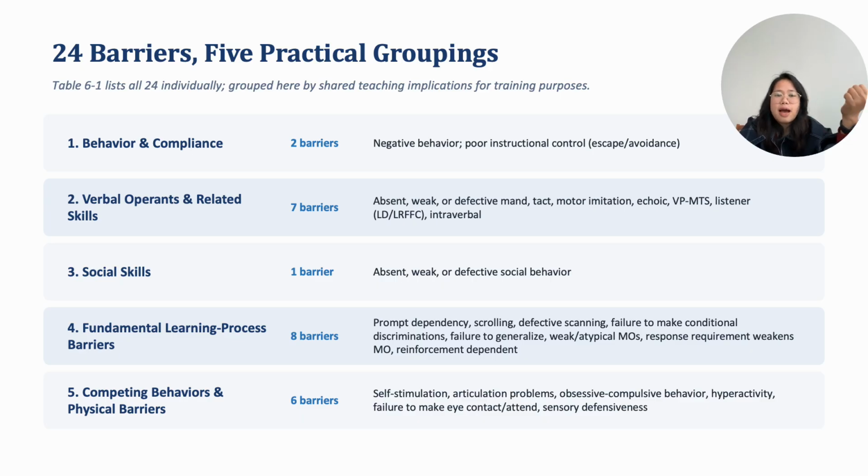And lastly, group 5 covers competing behaviors and physical barriers like self-stimulation, articulation problems, obsessive compulsive behaviors, hyperactivity, failure to make eye contact or attend to people, and sensory defensiveness.